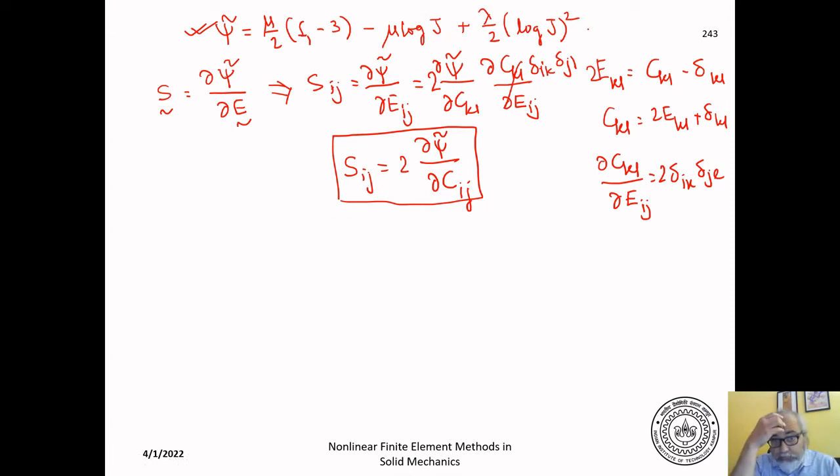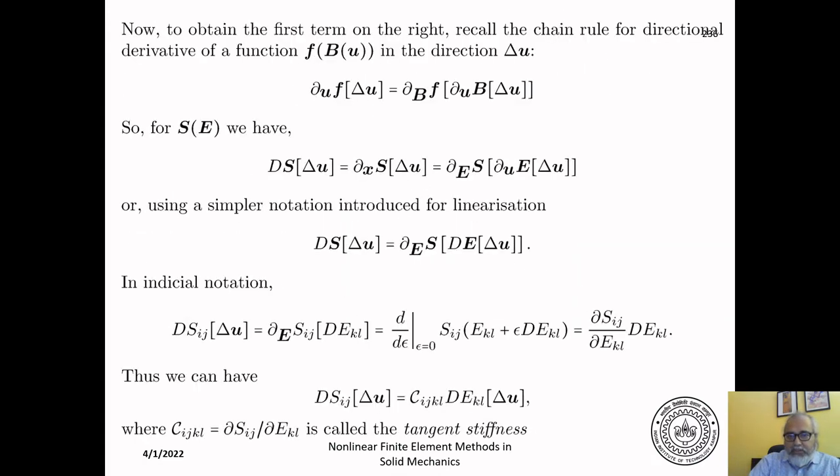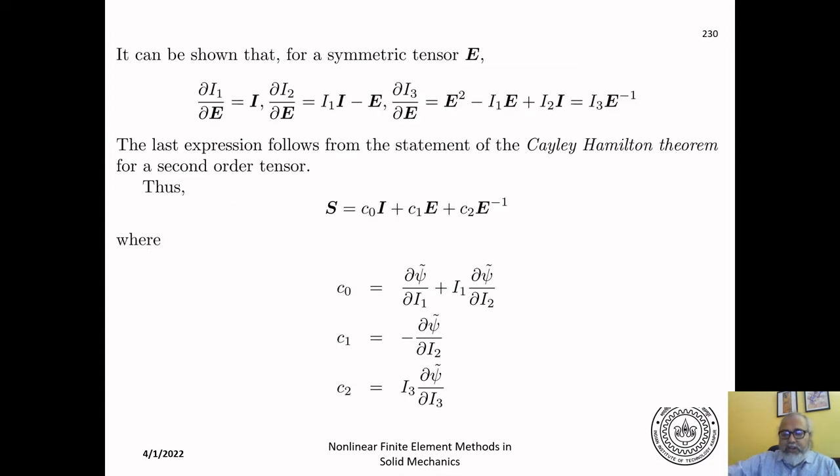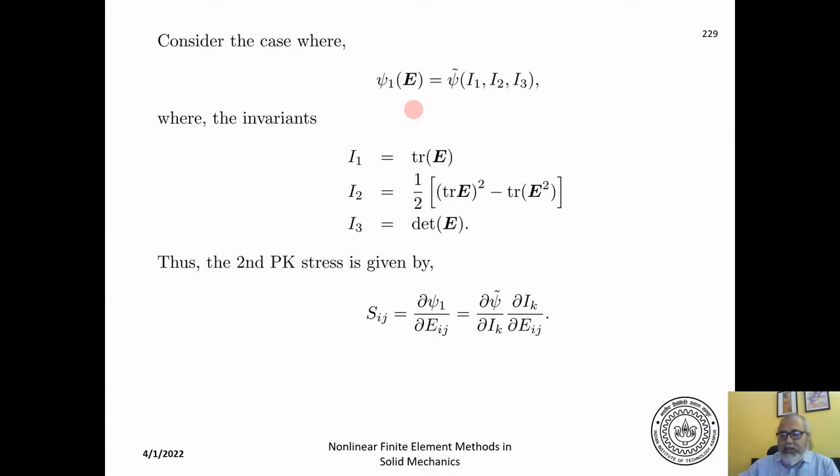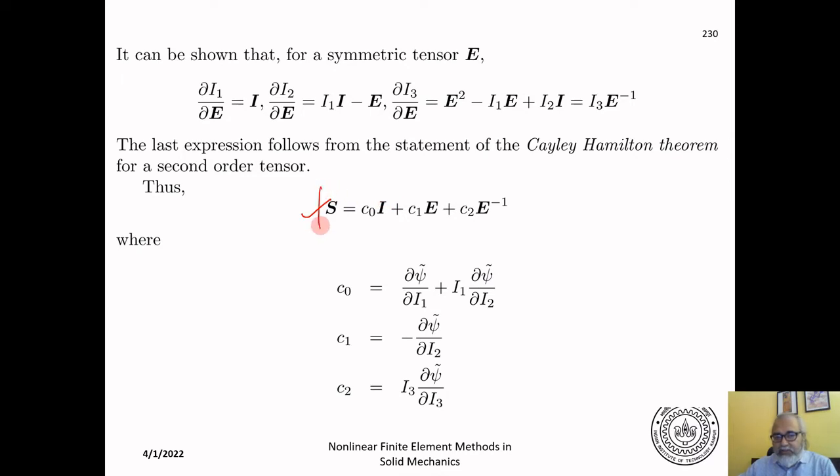So let's go back to a result that we had derived earlier, where we had assumed that psi is a function of I1, I2, I3, which are themselves invariants of E. And then following that trend, we had derived this expression for S, where C0, C1, and C2 are given by these quantities, which can be immediately derived if you know psi hat.